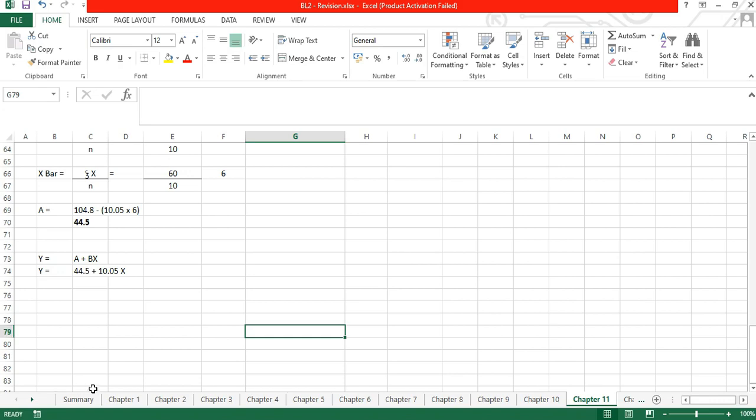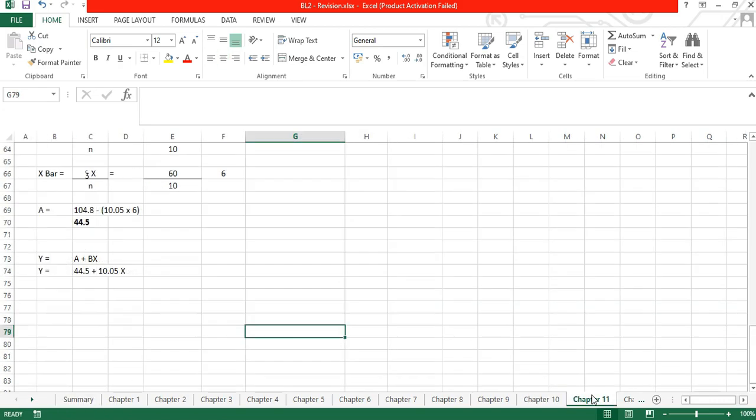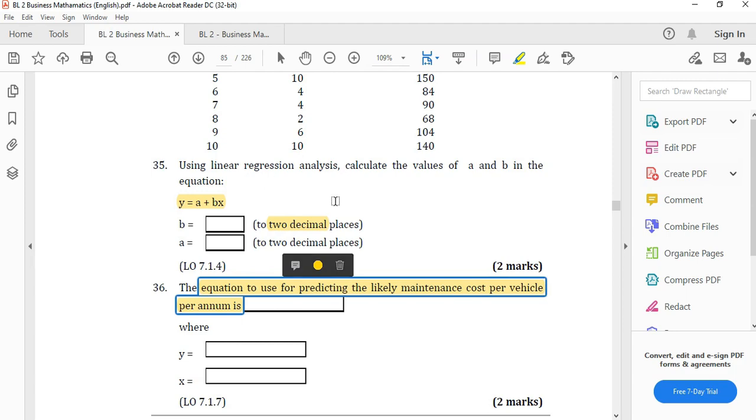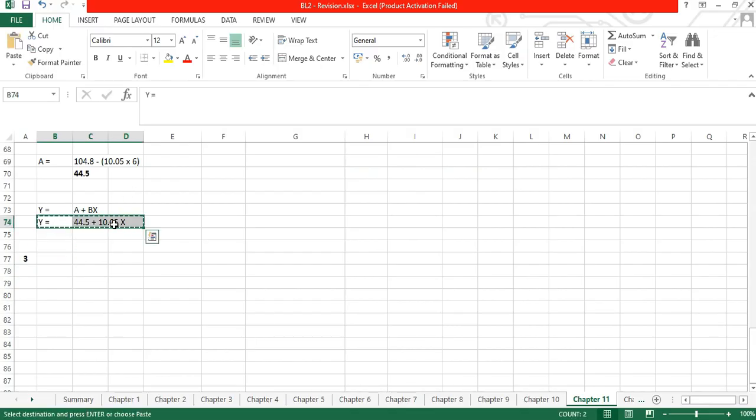Alright. Let's go to the next question, 36. They are asking the equation to use for predicting the likely maintenance cost per vehicle per annum. That means the equation that we found here. What is it? Y equals this one.